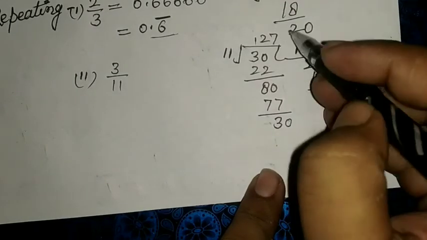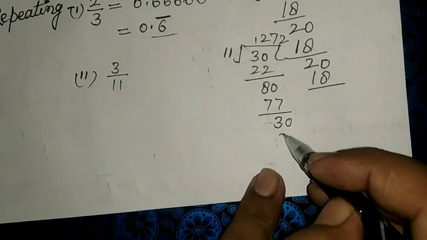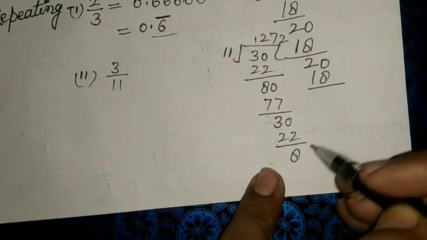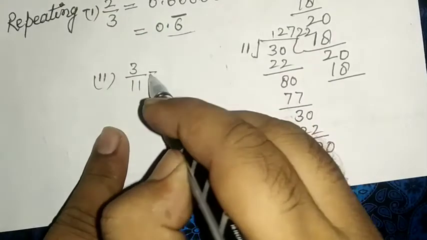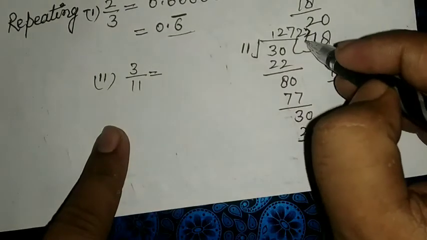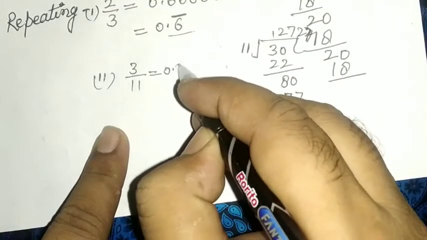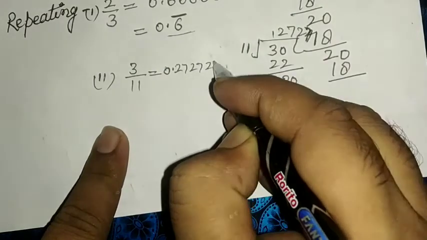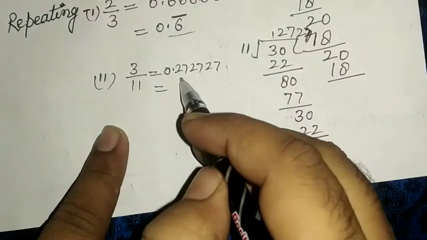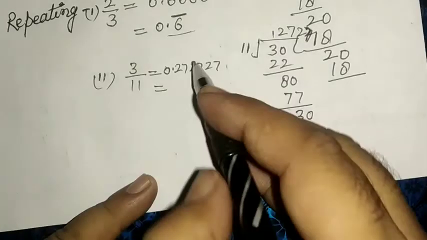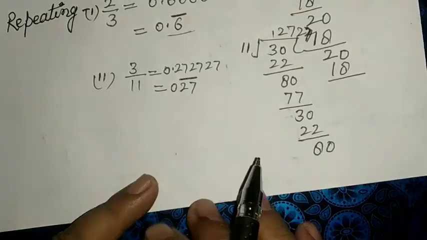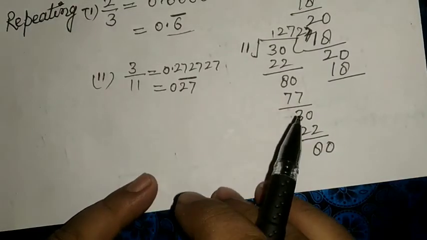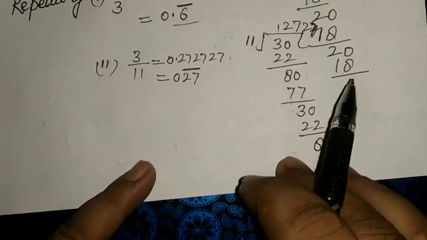We put 0 here. 11 twos are 22, and we will get 8 here as a remainder. Again we put 0. So you can see we will get 0.272727. So here two numbers repeat again and again. So we can put a bar on the two numbers. We can say 27 is a recurring number. So it is a repeating decimal expansion.